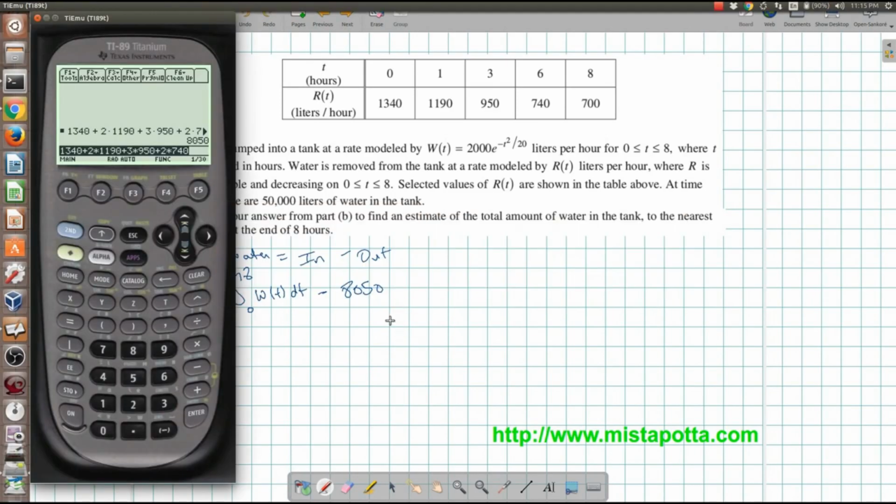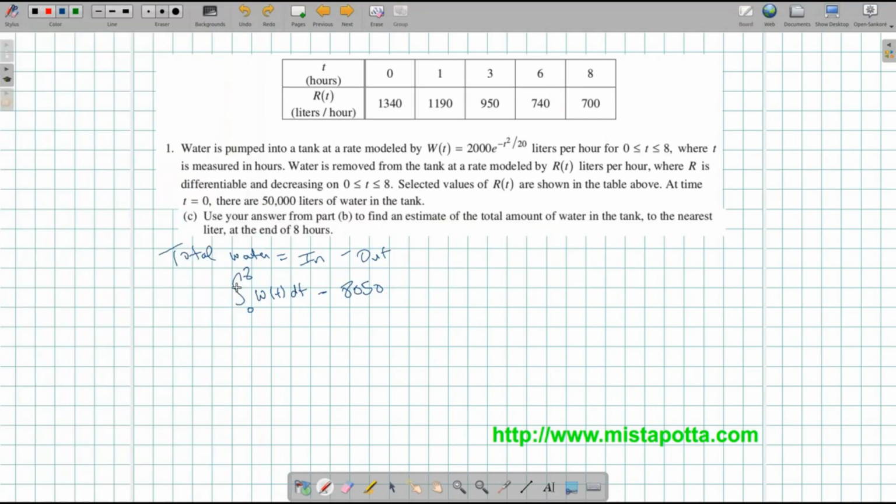So again, I'm going to go back to my calculator, and I want to find the integral of w of t, which is 2000 e to the negative t squared divided by 20, with respect to t from 0 to 8, and I get 76,701 minus 8,050, which is going to give us the number of liters that we've got at the end of part C here.